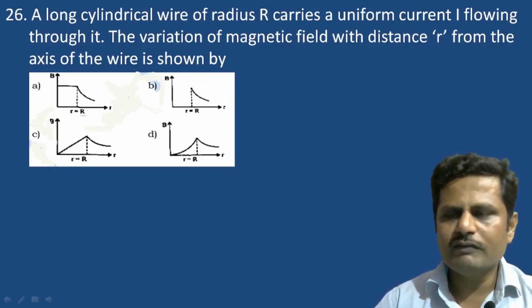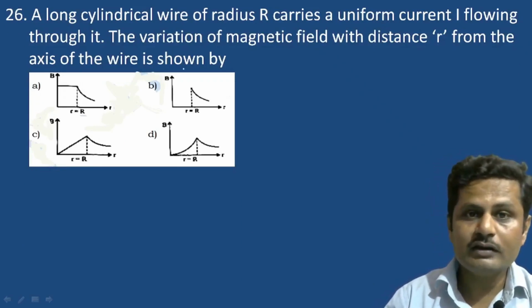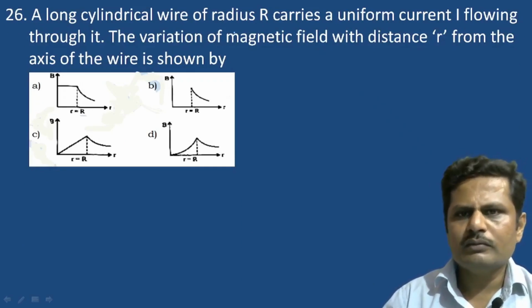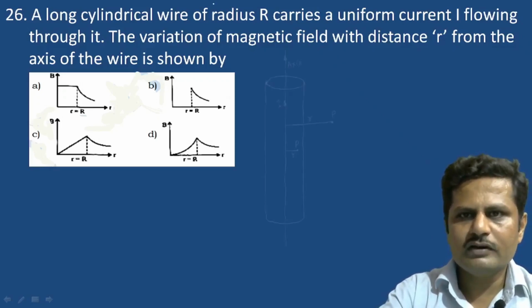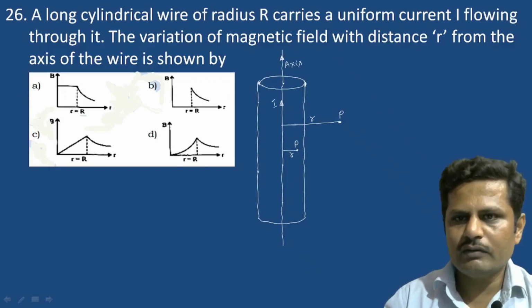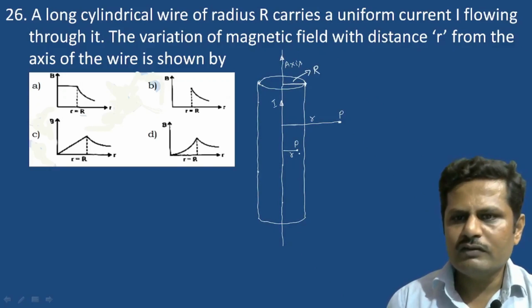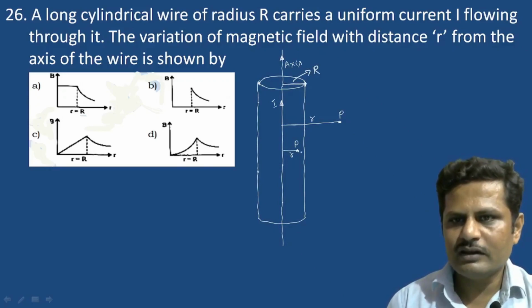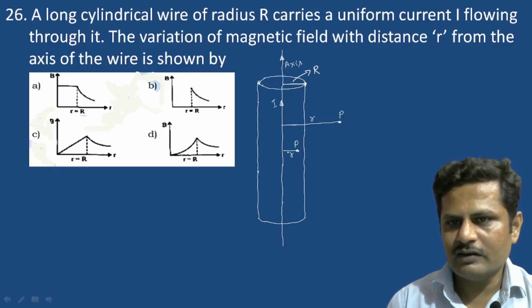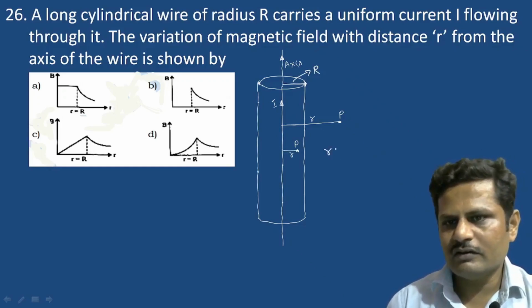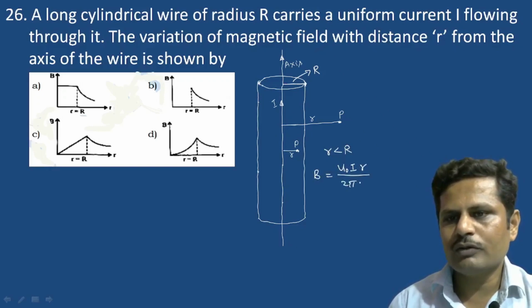The variation of magnetic field with distance r from the axis of the wire is shown by the diagrams A, B, C. To solve this problem, let me consider a cylindrical wire of radius R. This is a cylindrical wire of radius R. Now whenever we consider the point P inside the conductor, at a distance r which is less than R, we have an expression for the magnetic field, that is B equals μ0 I r divided by 2π R square.